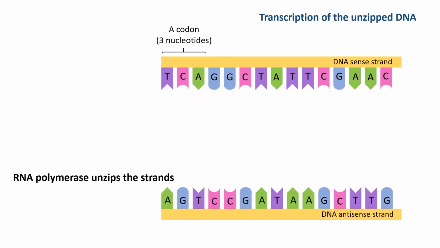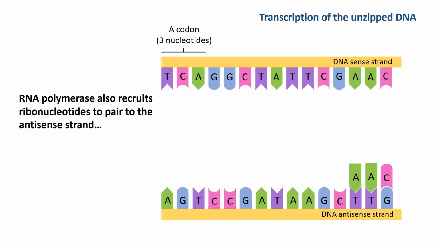So, okay, RNA polymerase comes along, our transcription factor binds, that initiates the whole process. In comes this big enzyme, RNA polymerase. First thing it needs to do is unzip those strands, so it separates the 2 strands apart. We've now at the bottom got our DNA antisense strand exposed and ready to bind ribonucleotides.